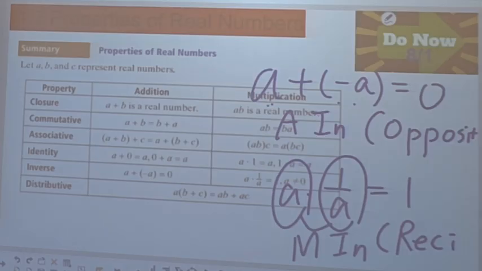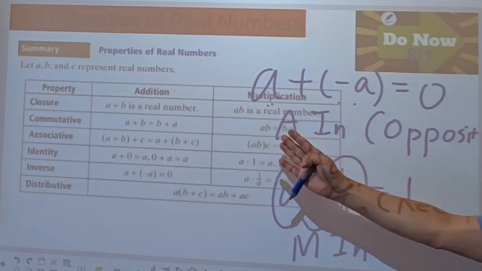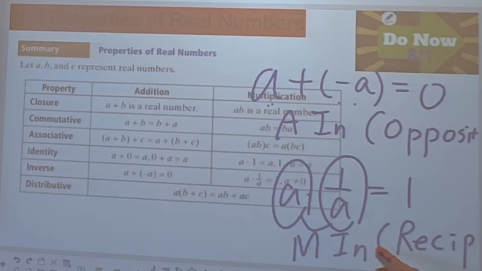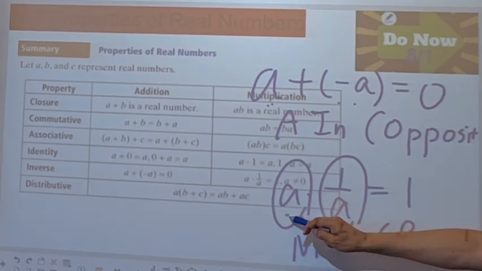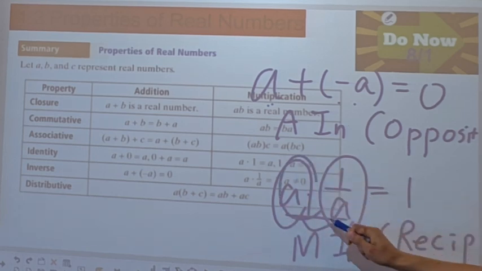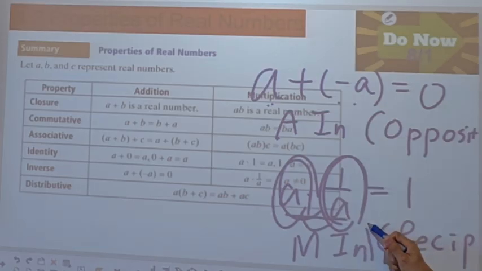Reciprocal. Do you remember reciprocal? So the additive inverse is the opposite, and the multiplicative inverse is the reciprocal. Everybody got it? So A times 1 over A is 1. Then here you use the multiplicative inverse property, or reciprocal property.